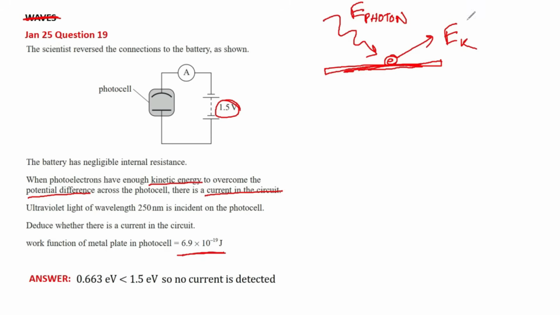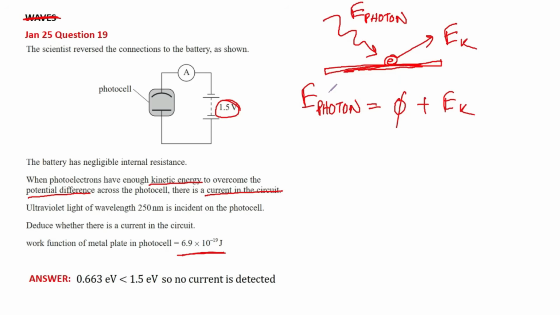So to summarize the whole idea, you can write a base equation, and the equation should go like this. Energy of the photon is equal to work function plus kinetic energy. Now, when it comes to energy of the photon, you have two ways of calculating it.